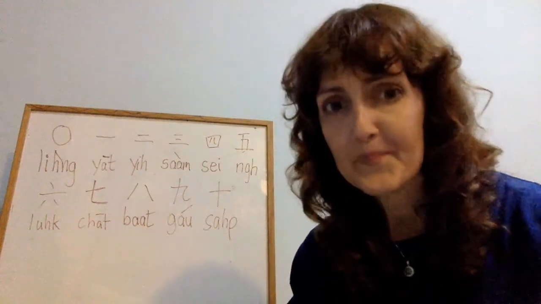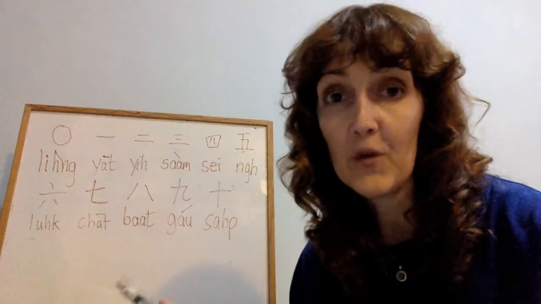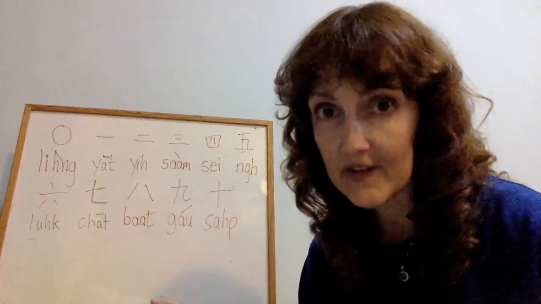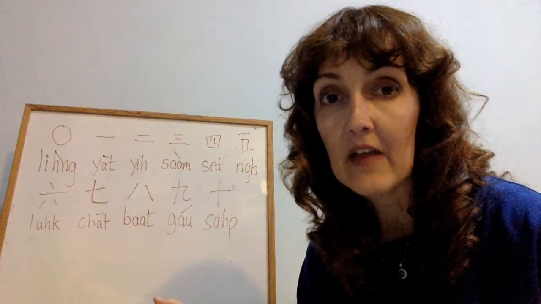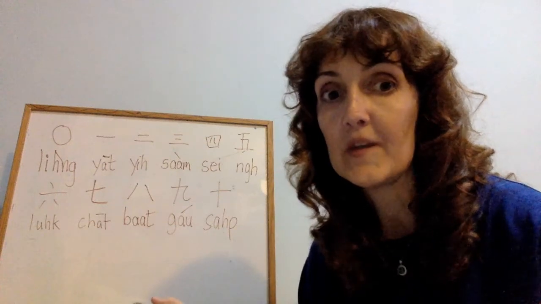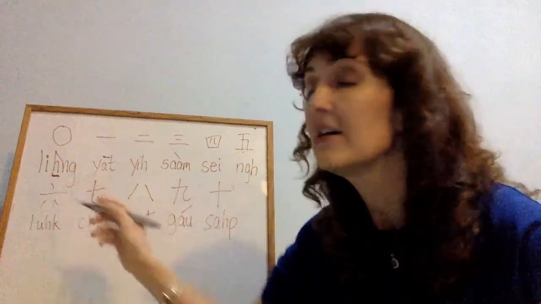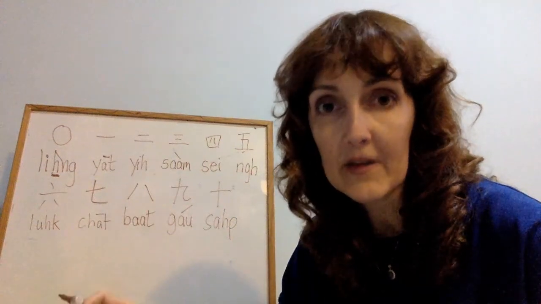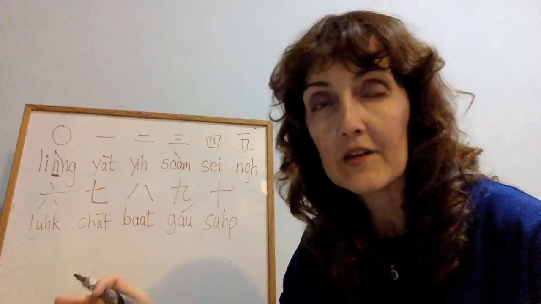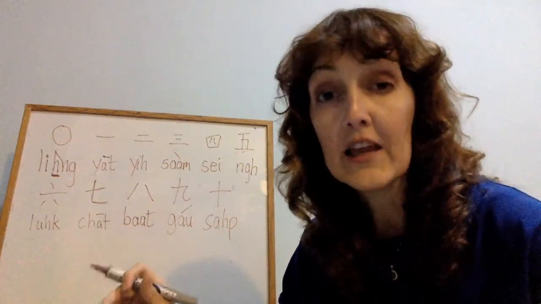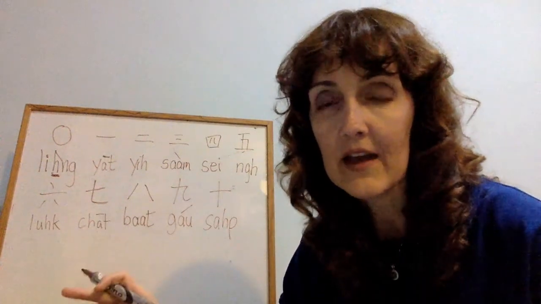First of all, let's take a look at the numbers, and if you remember, I use the Yale and China phonetic system, and the Yale and China system uses an H to denote a low tone, okay? And then they use accent marks to denote high tones, high falling, mid rising, that kind of thing.